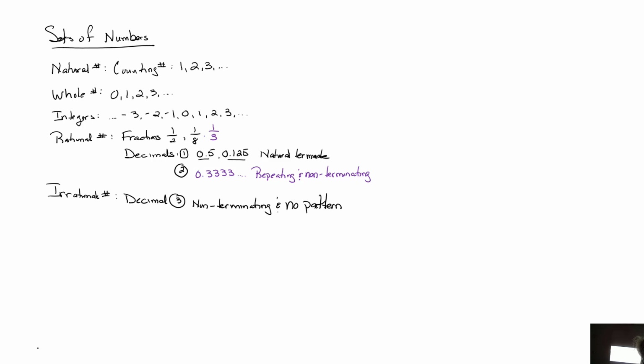There is one very infamous decimal that we all know, and that is pi. Pi is equivalent to 3.1416 blah blah blah. It keeps on going forever and a day. It never stops, but it doesn't have a pattern to it either. So this is considered an irrational number. Another type of number that's considered irrational are those non-perfect square roots.